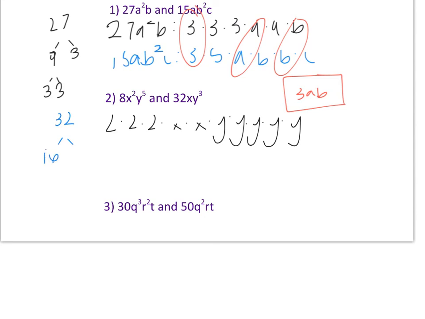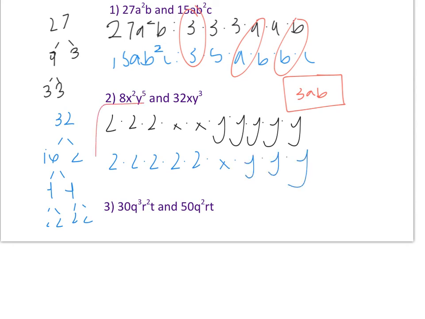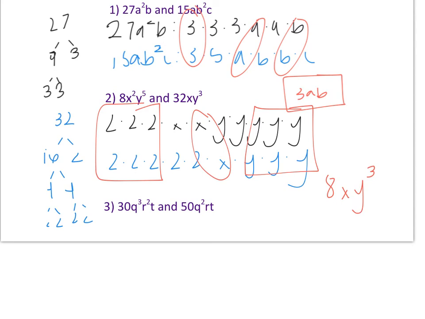It would be 16 and 2, and 16 breaks down into 4 and 4, which then breaks down into 2 and 2, and 2 and 2. So this one would be 5 2's, x, and then 3 y's. So then what the two have in common would be 3 2's, an x, and then 3 y's. So if I multiply 2 times 2 times 2, I get 8x, and then y cubed would be the GCF.